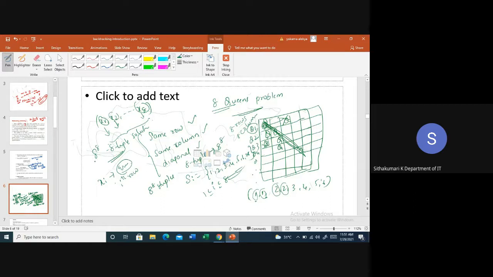This has been reduced to 8 factorial tuples. The 8 power 8 tuple solution space is very large compared to 8 factorial tuples. So now the solution space has been reduced from 8 power 8 tuples to 8 factorial tuples. Okay, so the size has been reduced. Now we'll see how we can provide the solution.